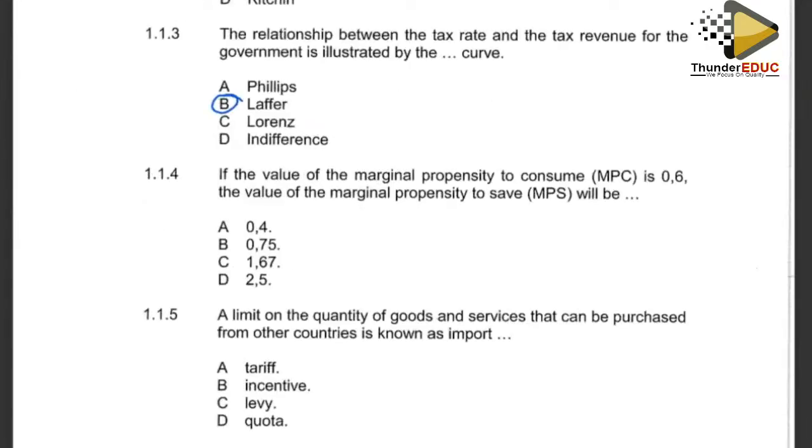Question 1.1.4 reads as follows: if the value of the marginal propensity to consume is 0.6, then the value of the marginal propensity to save will be dash. Okay, right. Now, grade 12, I'm going to explain these 2 concepts: marginal propensity to consume as well as marginal propensity to save.